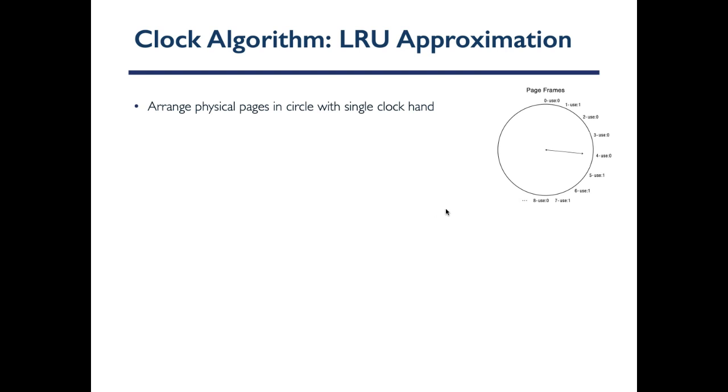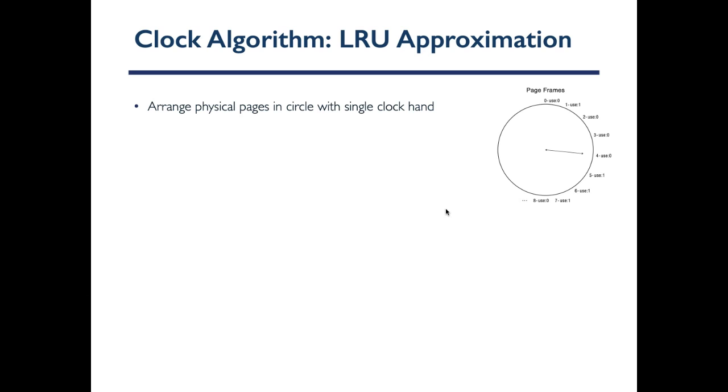Just to remind you, we had a clock hand going over all the physical pages. Every time the clock hand moves, we check the accessed bit of the physical page in the PTE.